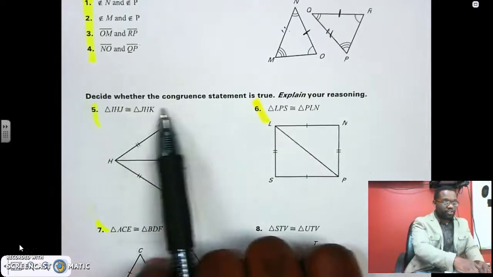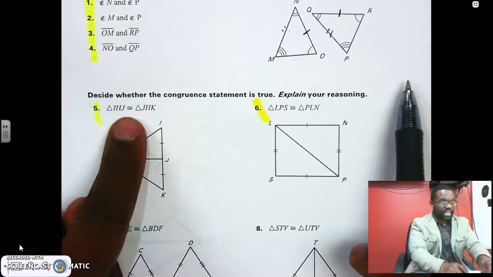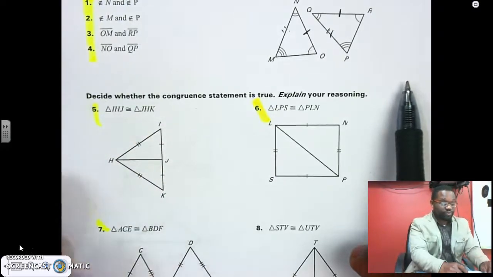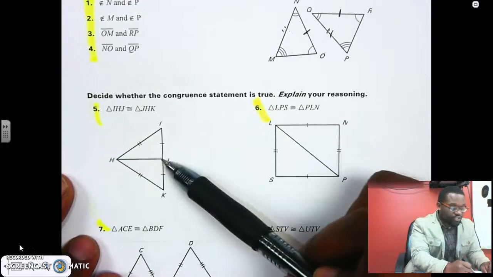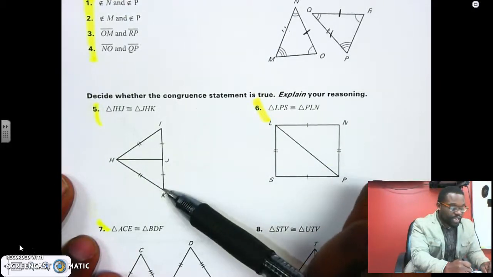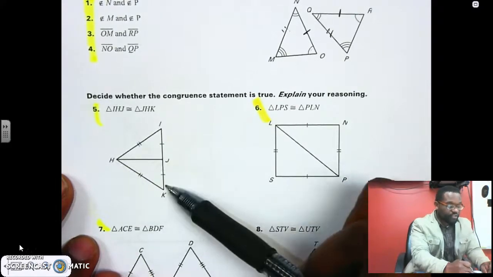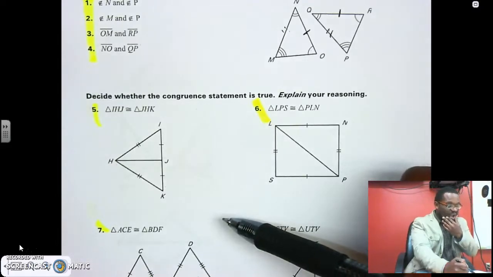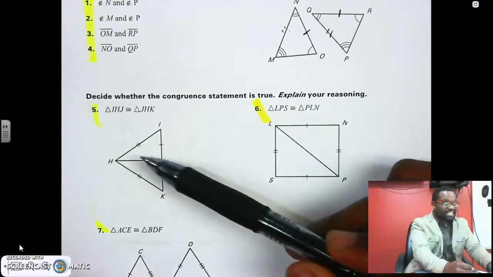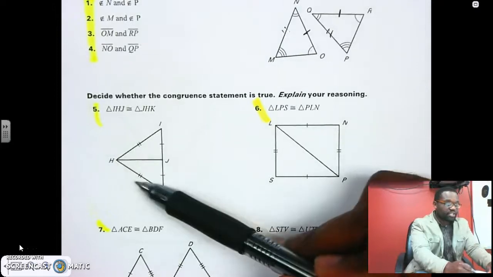Let's look down here. Decide whether the congruent statement is true. I need to be able to tell, based on what they say here, if what I see is true. Triangle IHJ is congruent to triangle JHK. Well, I don't like how they wrote that. By side, these two triangles are congruent. How do I know side? Well, those two sides match.